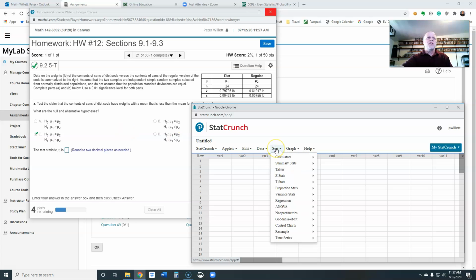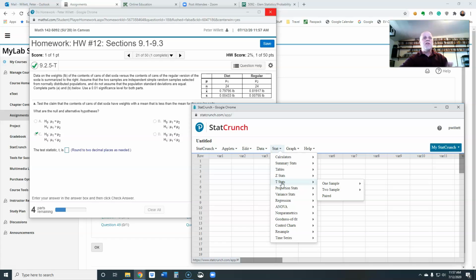So if I go to Stat, when I'm testing a mean without knowing the population standard deviation, that's a t distribution. We're clued in in this case because the problem says find the t statistic. So that tells us it's a t-stat.